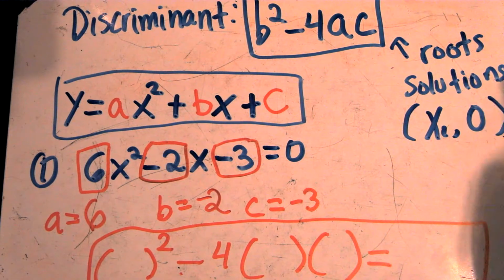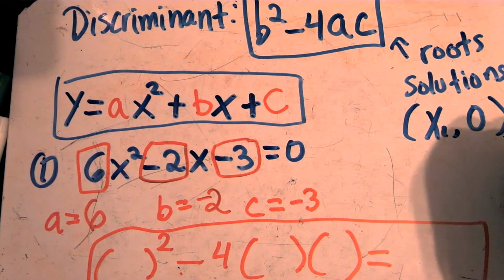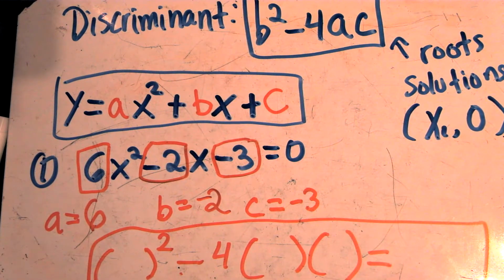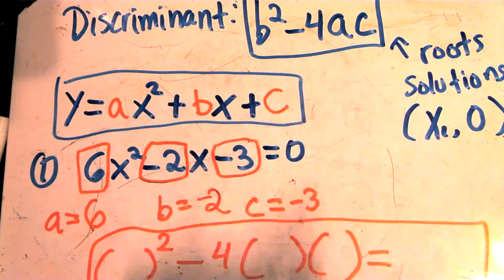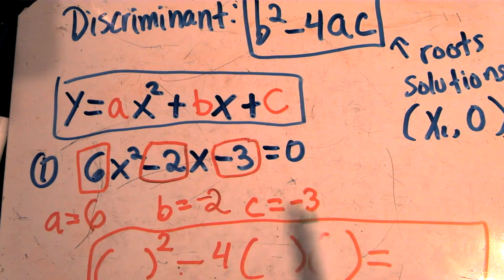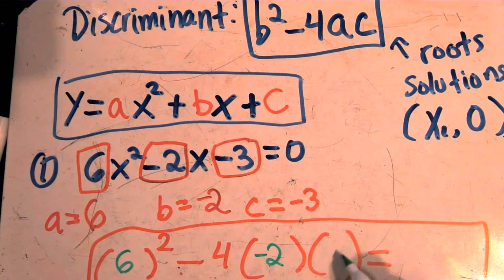Now, some students get really excited and don't pay close attention to the formula, and they just go in order. They put the a, they put the b, they put the c. But this is not correct. It should be b squared minus 4ac.